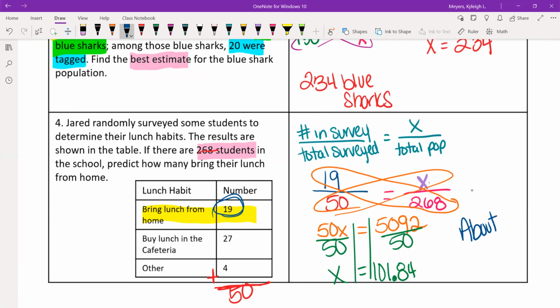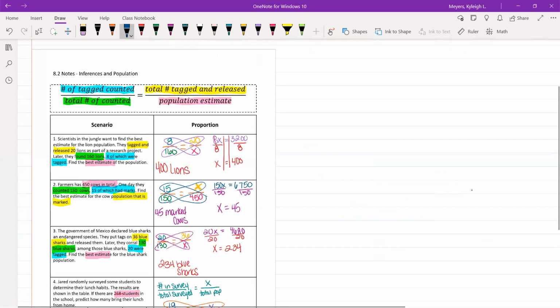Because it says predict, I'm going to round up. If it wanted an exact answer, I would round down to 101. But since it says predict, and this 8 is over 0.5, we're going to round up. It's about 102 students bring lunch from home. That's a lot. So about 102 students bring lunch from home. Okay, and that's it. Perfect.